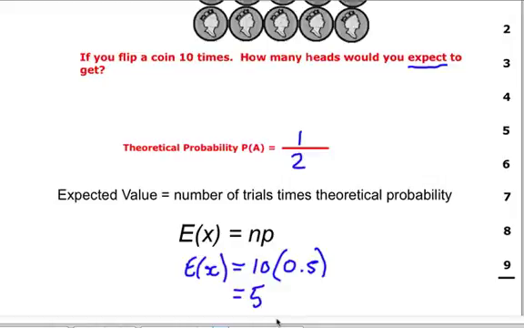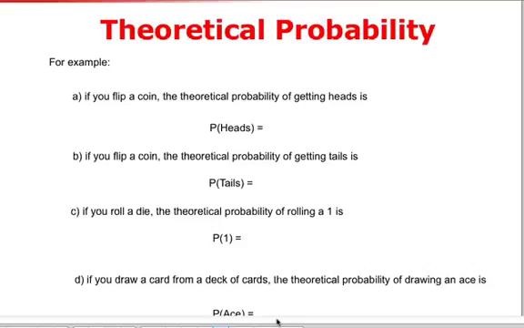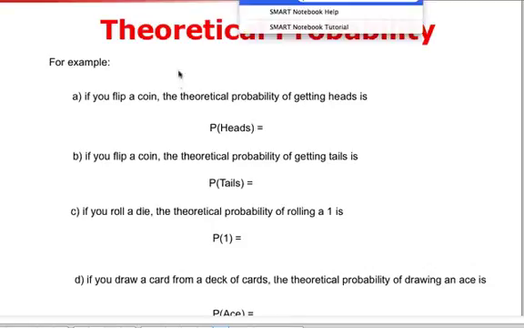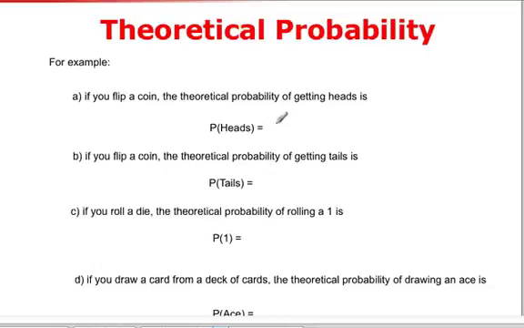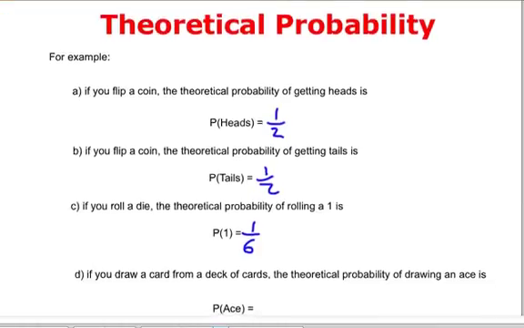So now if we take a look at a few questions, if you flip a coin, the theoretical probability of getting heads is 1, because there's 1 possibility, over 2. We just covered that. The theoretical probability of getting tails will also be 1 over 2. If you roll a die, the theoretical probability of rolling a 1, well here there's 1 possible outcome and 6 total possible outcomes.